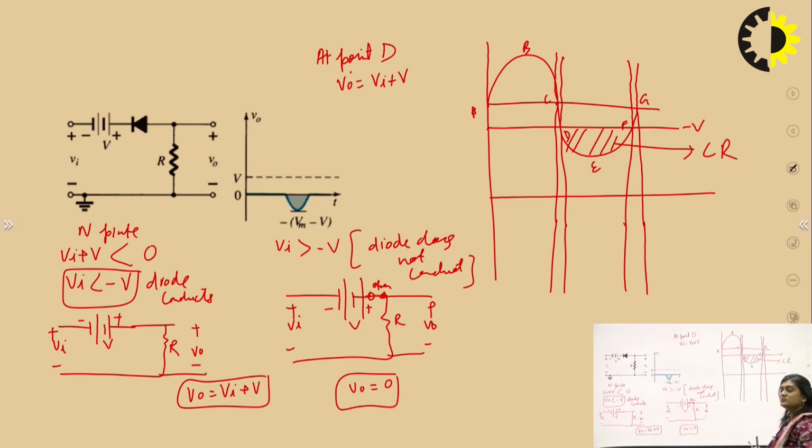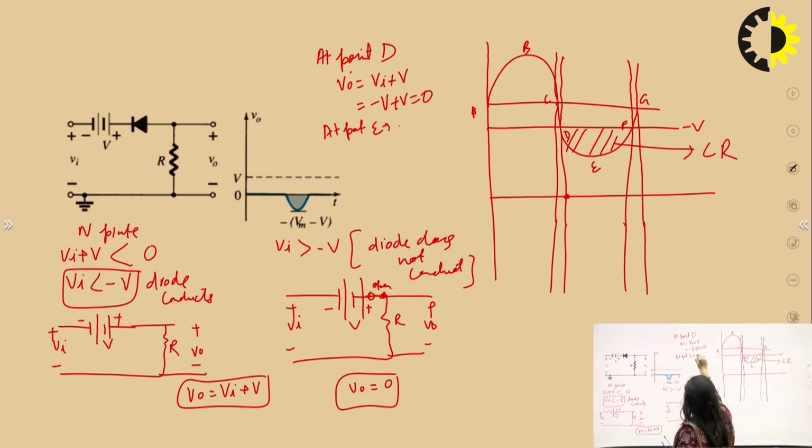So at point D the output potential is Vi plus V, and the value of Vi at point D is equal to minus V. So minus V plus V is equal to 0. So here it will be equal to 0, and at point E its output is Vi plus V, and the value of Vi is minus Vm plus V.